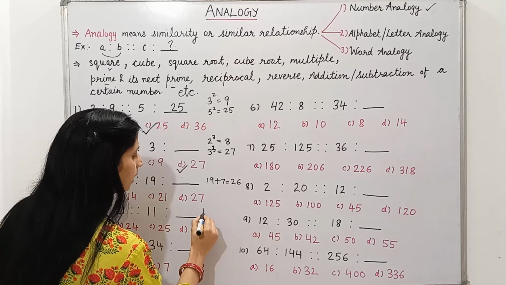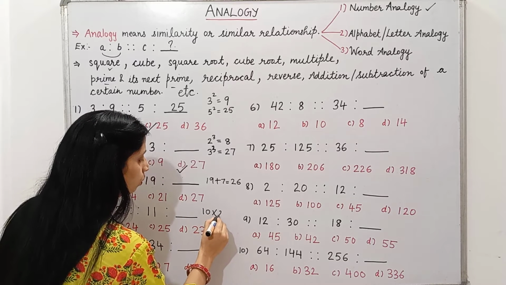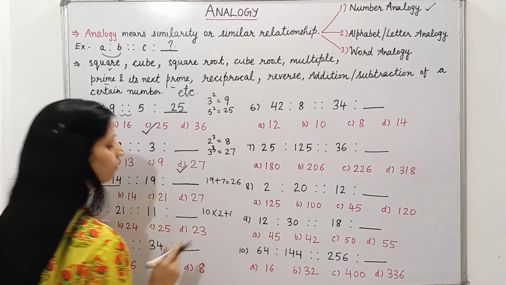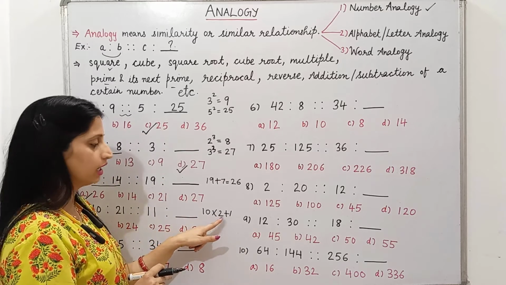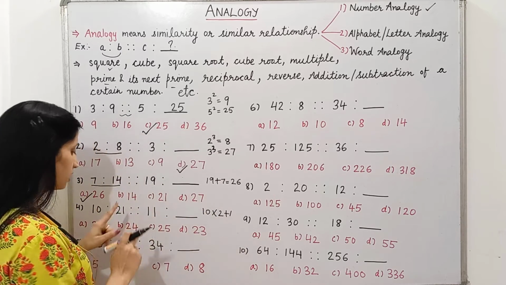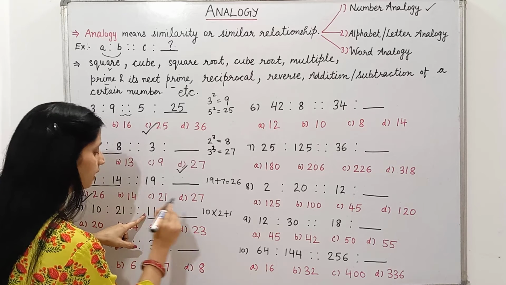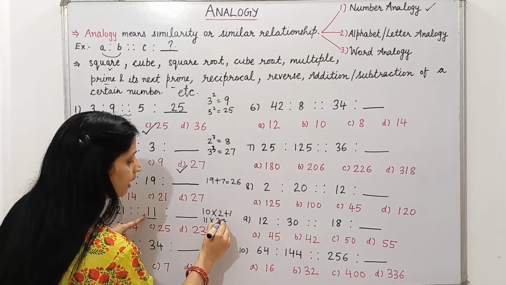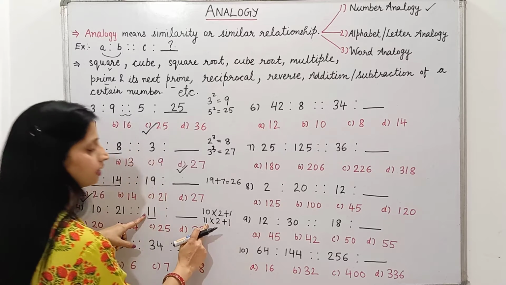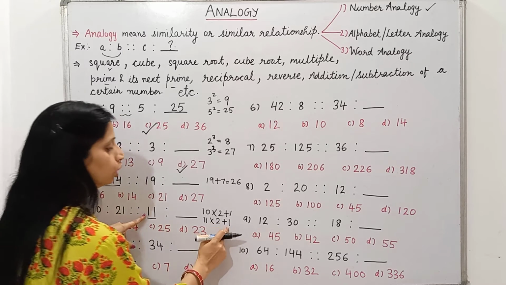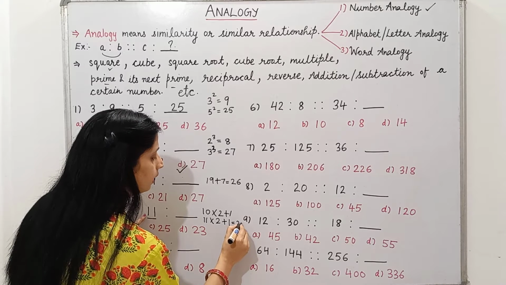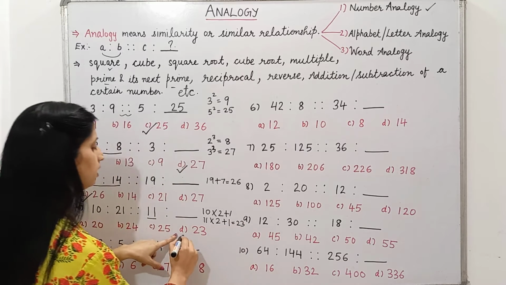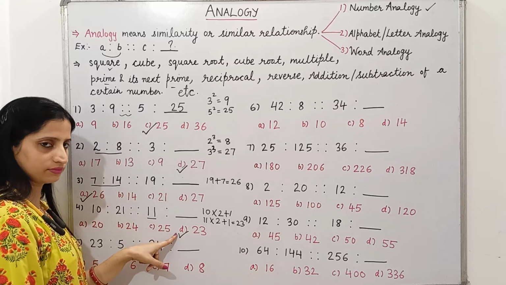If we multiply 10 by 2 and add 1, we will get 21. 10 twos are 20, 20 plus 1 is 21. Similarly, if we multiply 11 by 2 and add 1, what will we get? 11 twos are 22. 22 plus 1 is 23. So 23 will be our correct option.